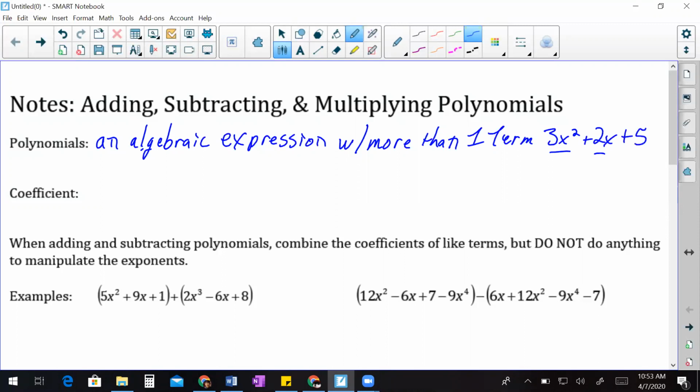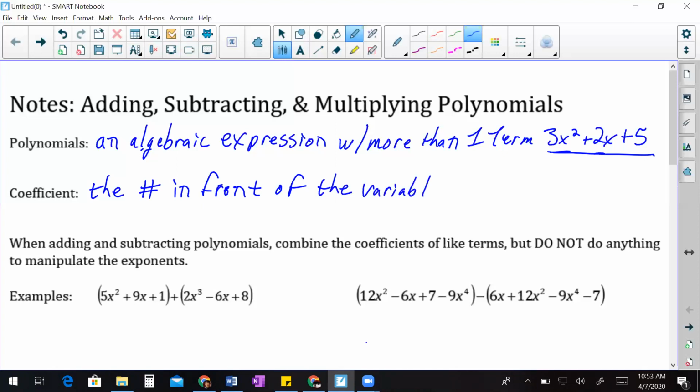All right, so polynomial. A coefficient. This is the number in front of the variable. And remember the variable, those are letters.